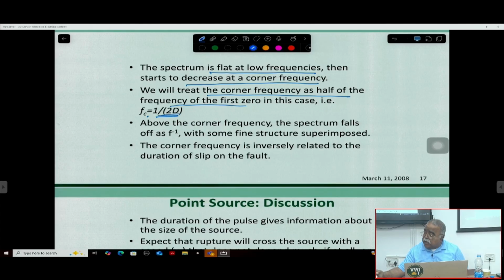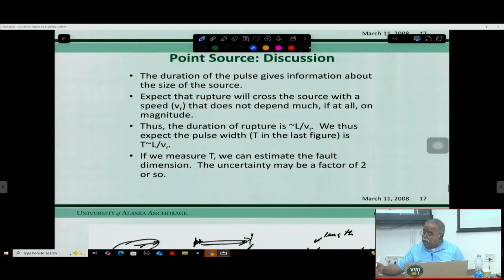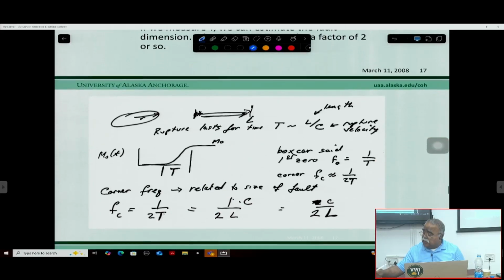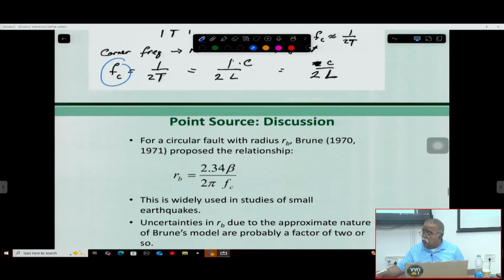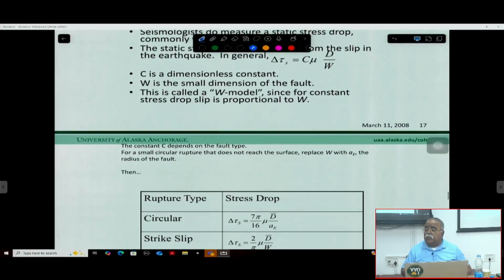The corner frequency is inversely related to the duration of the slip, right? And this is your L by VR, the duration of the rupture, and this will be the time. So you can find out from here, this is your point source and this is your radius of things.